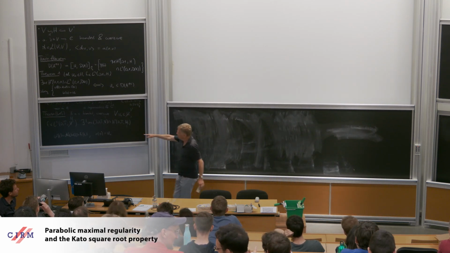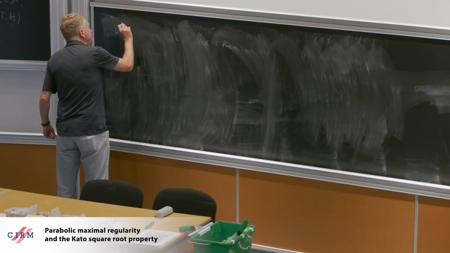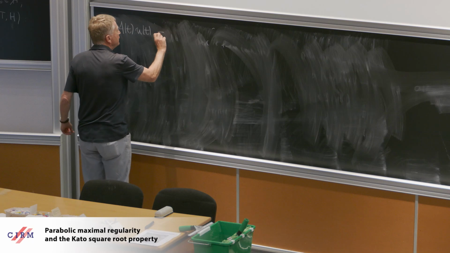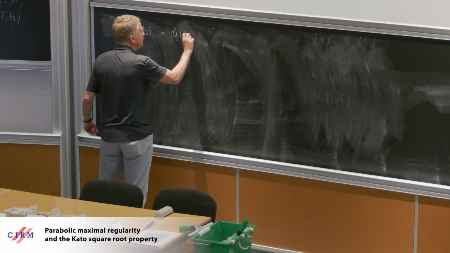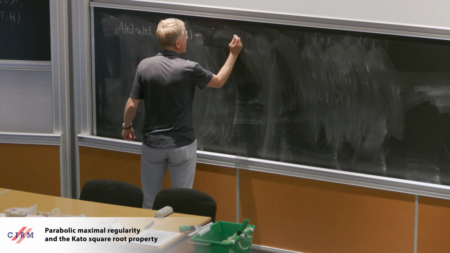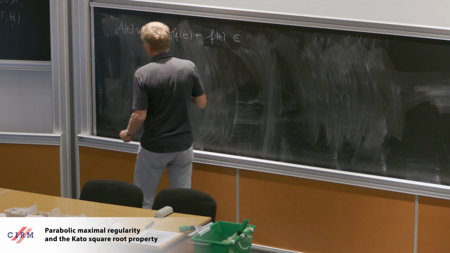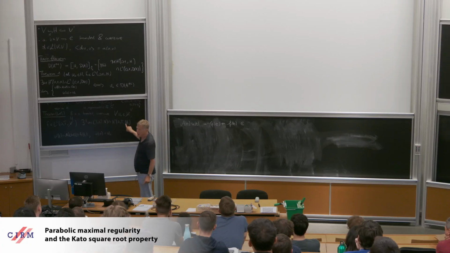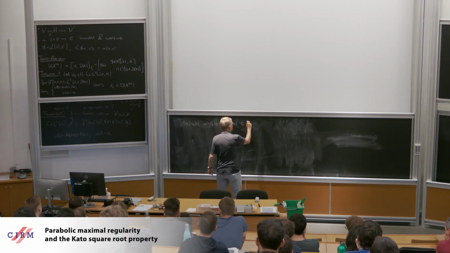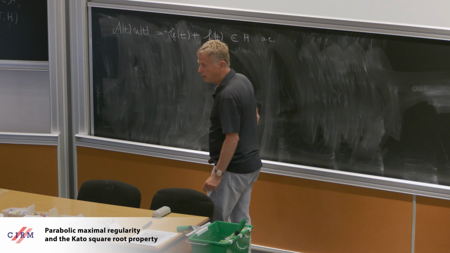So we look at this equation again. A(t) u(t) is equal to minus u dot of t plus f of t. And this now, as a consequence, is in H almost everywhere, because u dot is in H almost everywhere with respect to t.